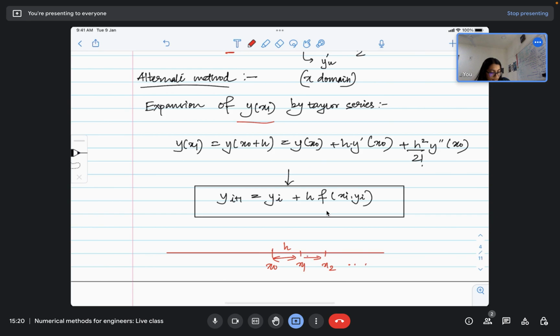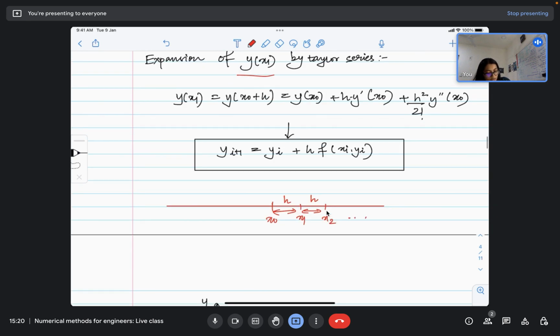So the value of x1 is x naught plus h, the value of x2 is x naught plus 2h, and so on. So y of x1 can be written as y of x naught plus h, and that can be expanded as y of x naught plus h times y dash of x naught plus h square by 2 factorial y double dash of x naught, and so on.